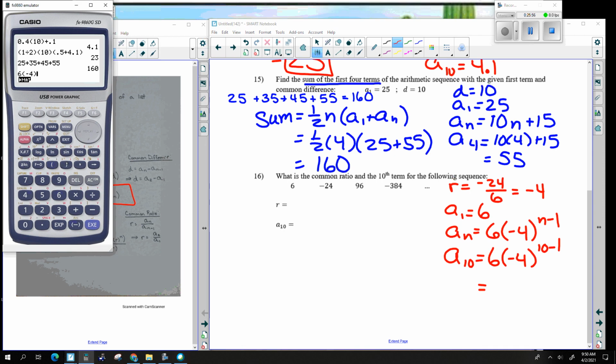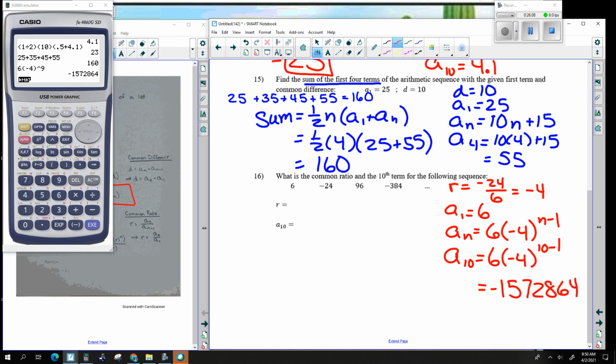So 6 times -4 to the 9th power, and something huge, -1572864. So the common ratio was -4, and again, the 10th term is -1572864.